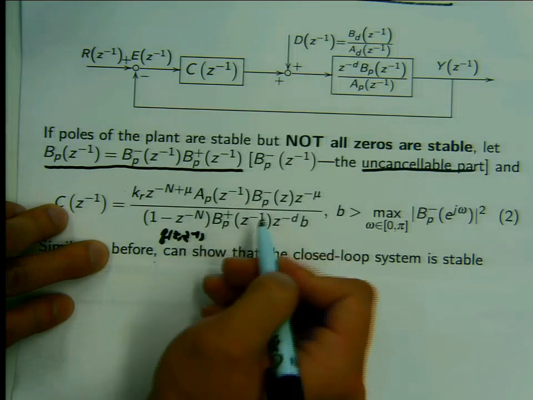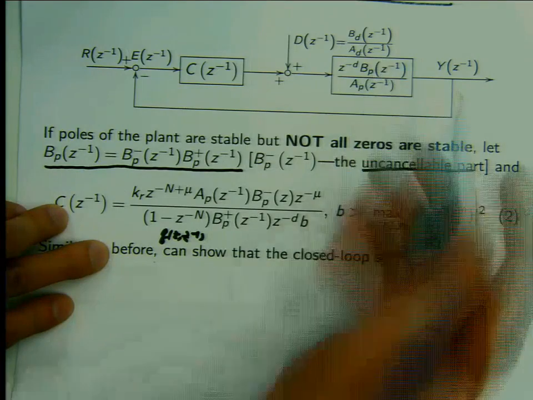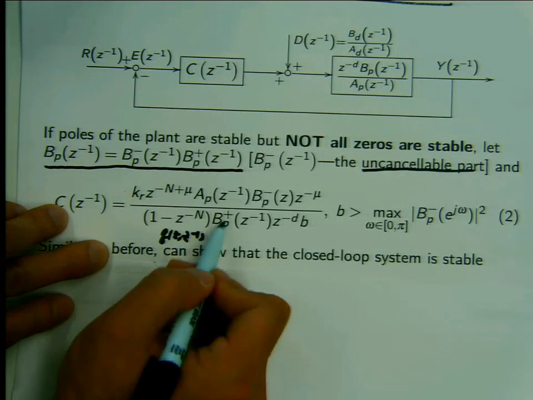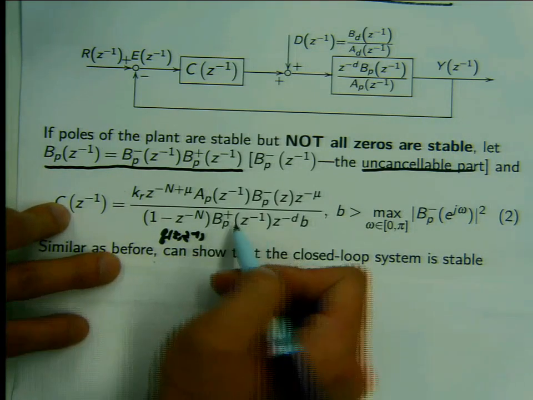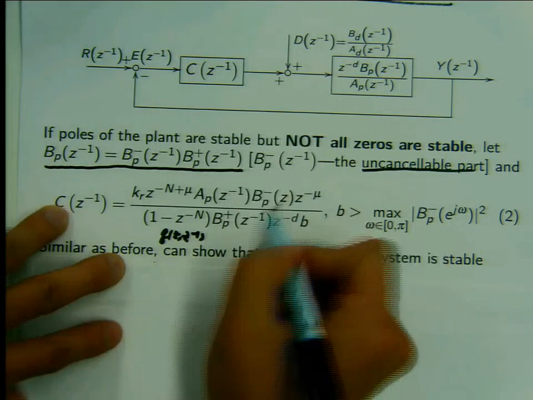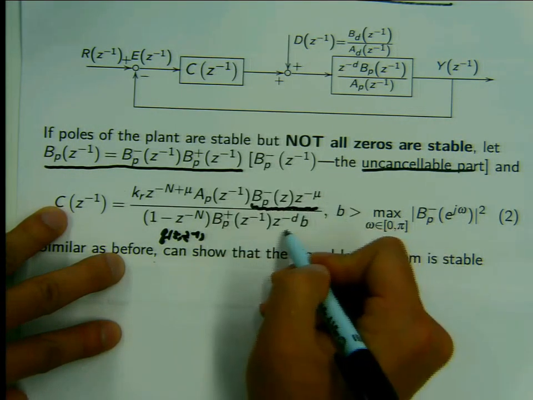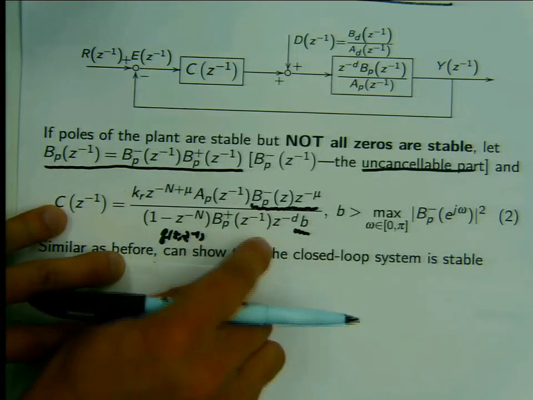But the different thing is you don't perfectly cancel this BP. Instead, you only cancel the cancelable part, BP plus, the parts that are stable. Okay? But do this, and then do this extra step, a little bit extra step, here, also here. Do these two terms.